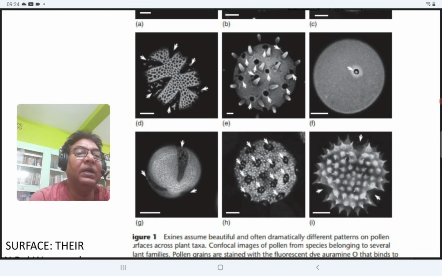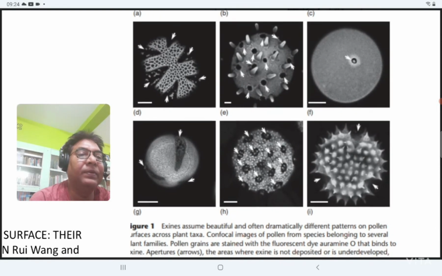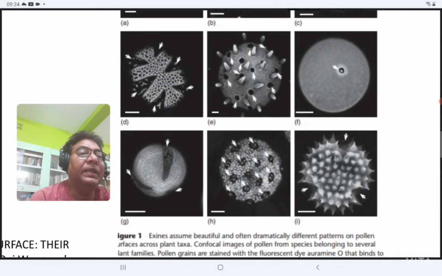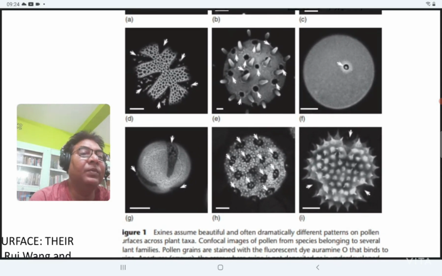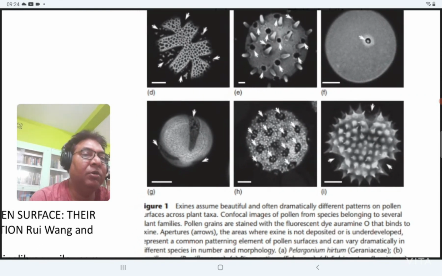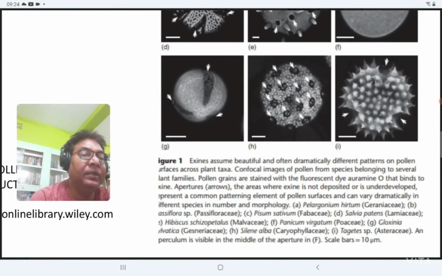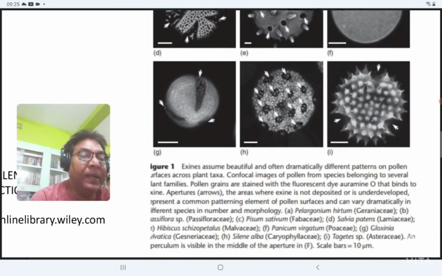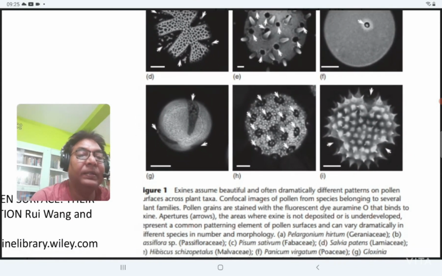You can see this is pointed as well as the height is greater than the width, and the arrow shows the aperture, so it is pantoporate type. F is almost psilate with a single pore, so this is definitely a character of Poaceae. The pollen grain of Panicum virgatum is F.